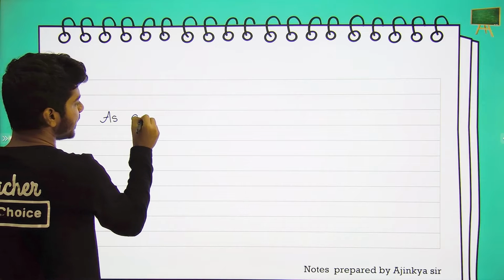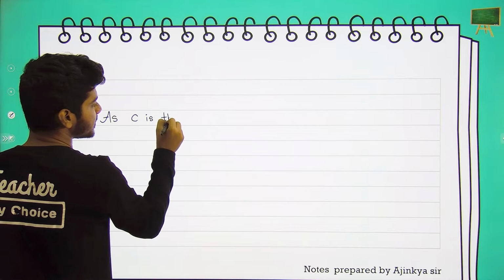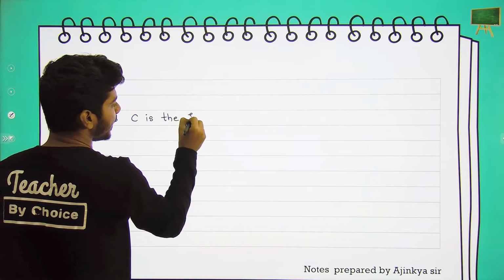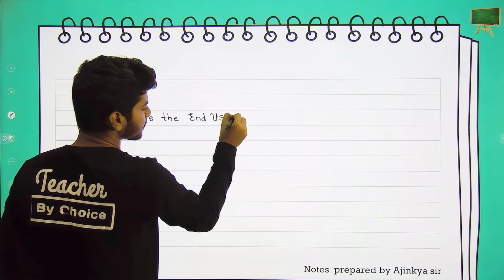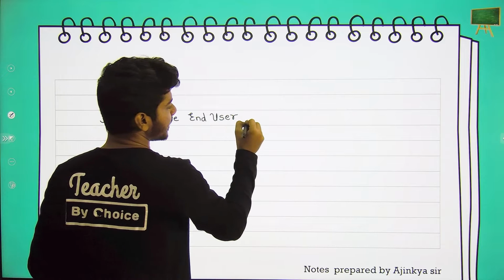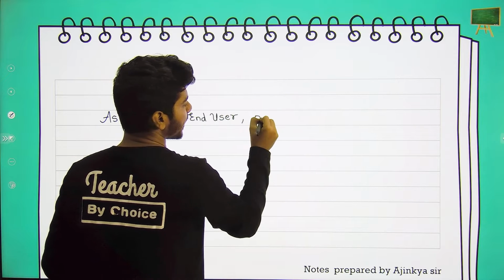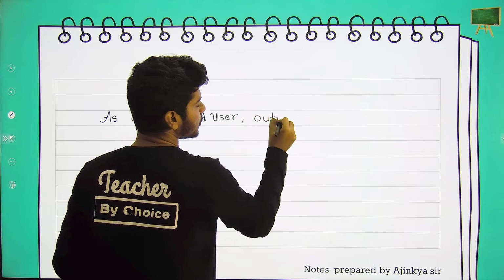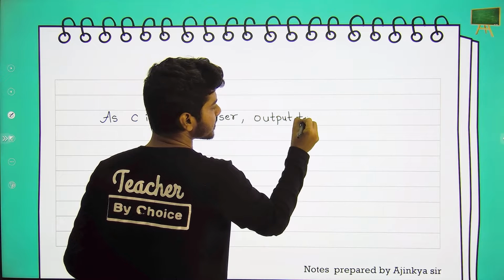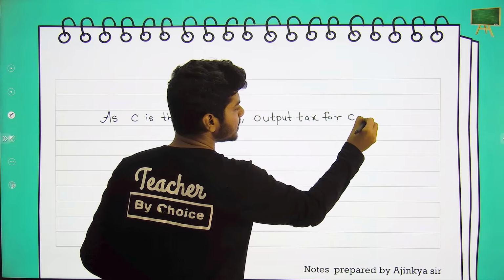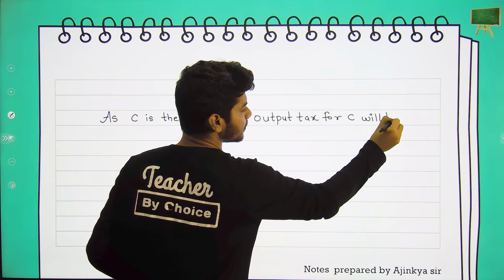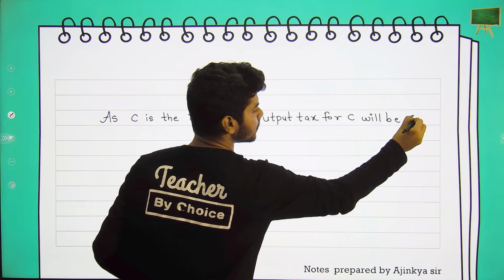As C is the end user, we can say output tax for C will be 0.